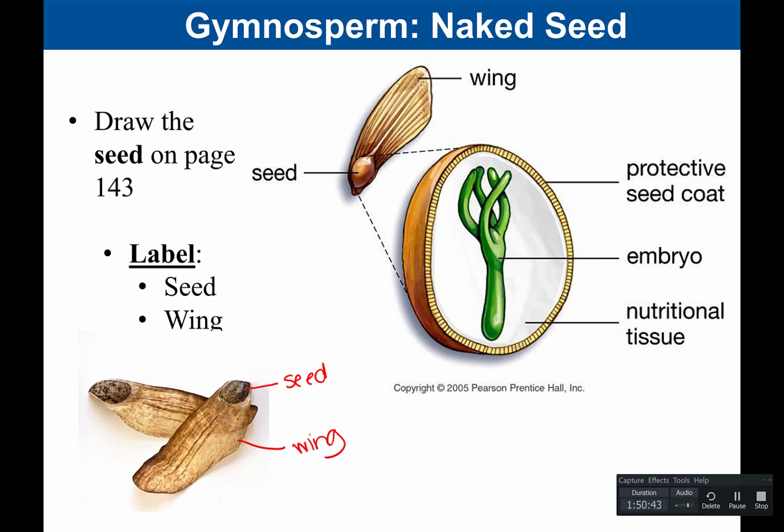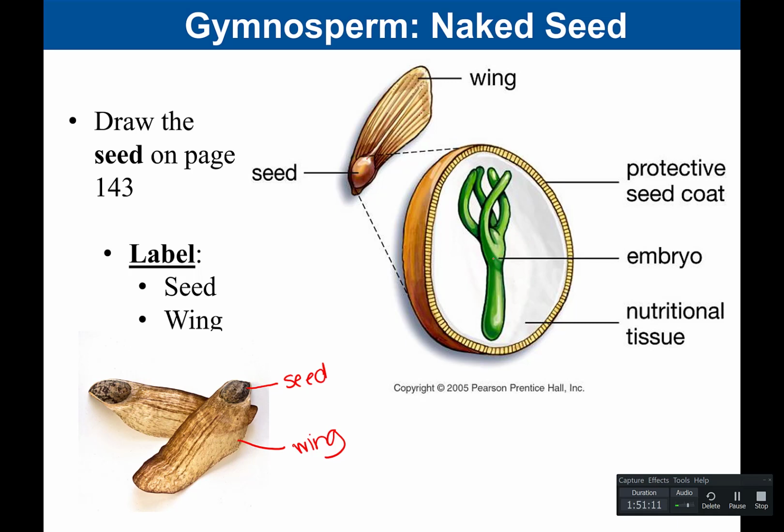The seed is formed by fertilization of the pollen with the egg, and it's going to give rise to our diploid zygote, or in this case, our embryo. So the seed is going to contain our embryo encased in a protective seed coat, and that's there to protect that delicate embryo. We also have nutritional tissue that's going to provide nutrients to that developing embryo.